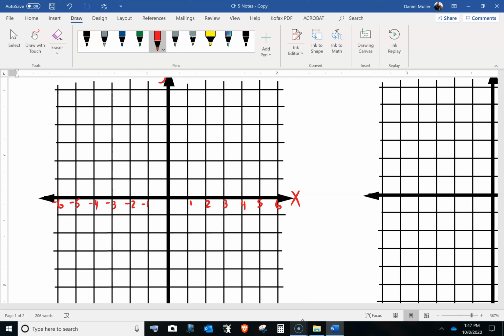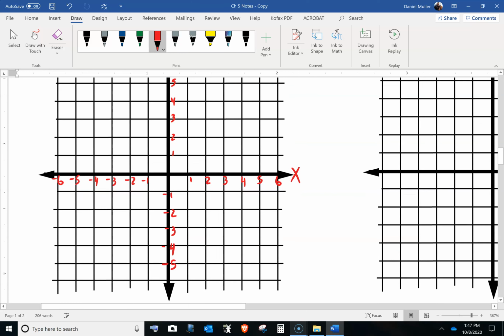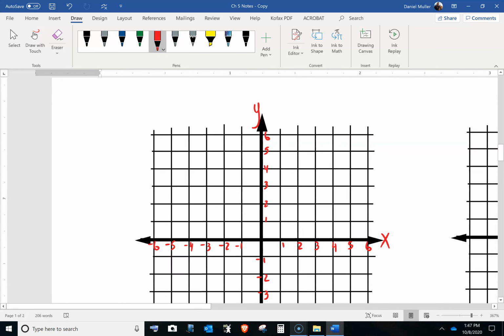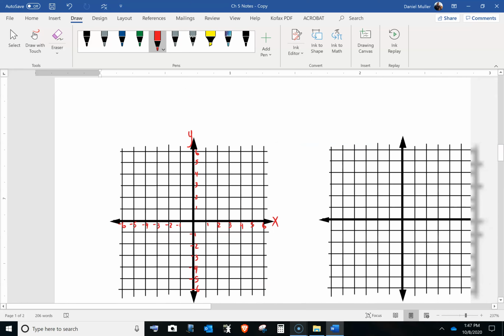And then up is positive 1, 2, 3, 4, 5, 6, and down is negative. So negative 1, negative 2, negative 3, negative 4, negative 5, and negative 6. Now again, I'm not going to do that anymore. That's just for the first one here.